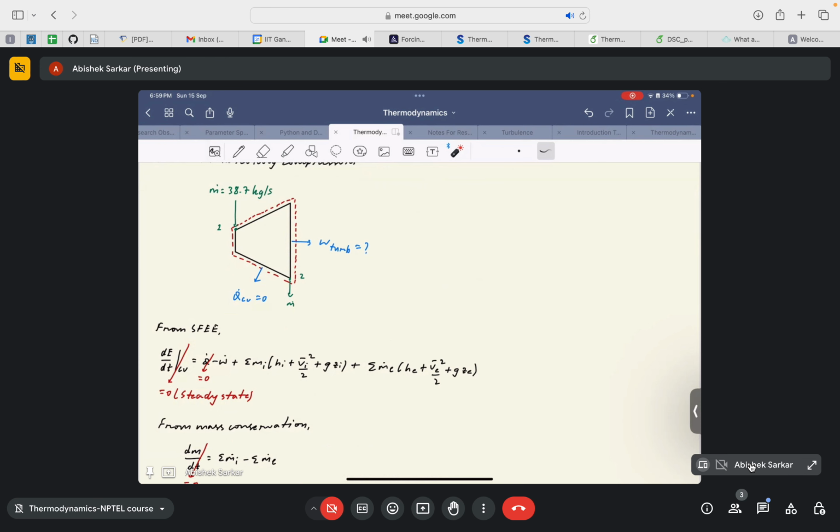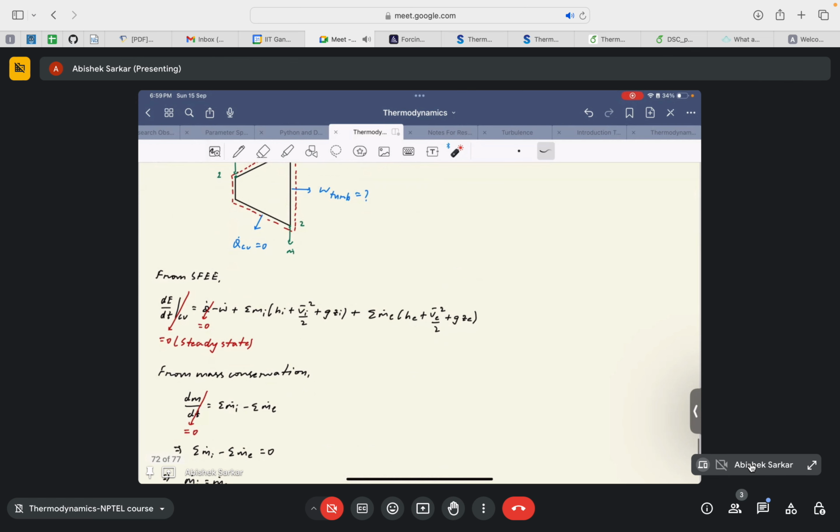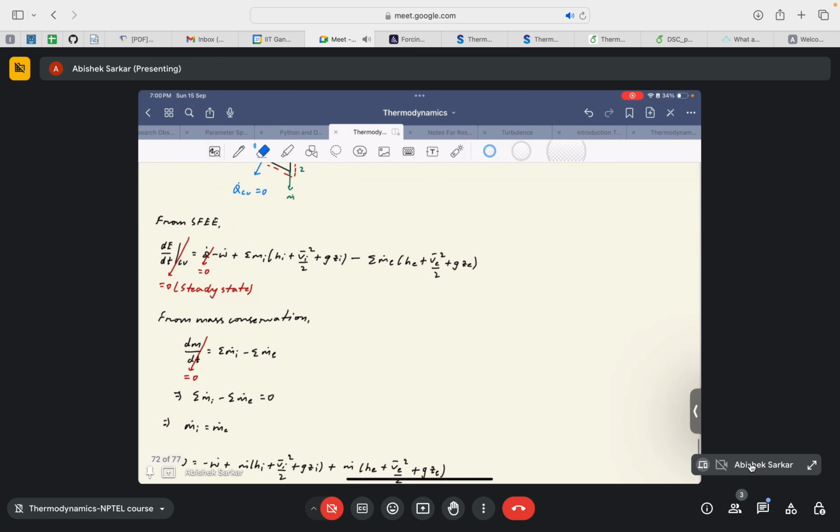Okay, so the terms that we have in our hand now are W and the net energy influx and outflux. Again, sorry, this is minus, not plus. So for mass conservation, for steady state, the summation of m dot i minus the summation of m dot e would be equal to 0, or m i would be equal to m e.